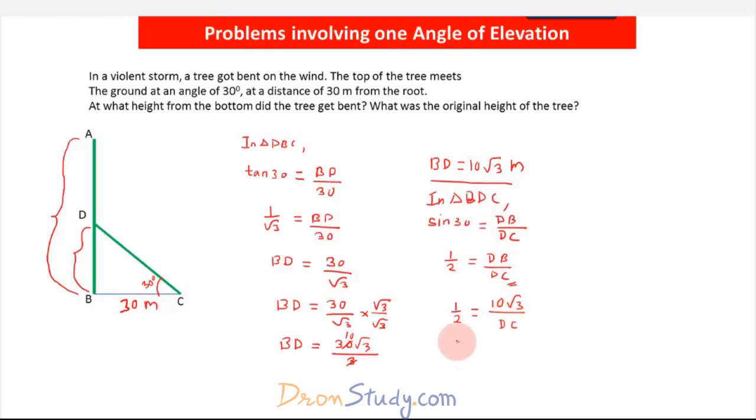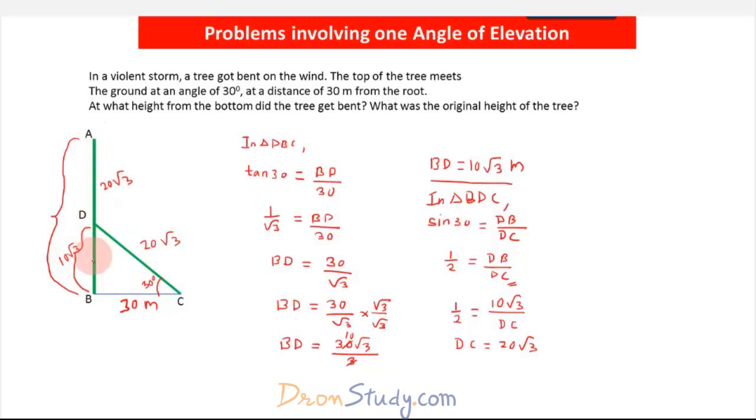So DC will be equal to 20 root 3. So this distance is 20 root 3. This distance is 10 root 3. Since DC is 20 root 3, this distance AD too will be 20 root 3.